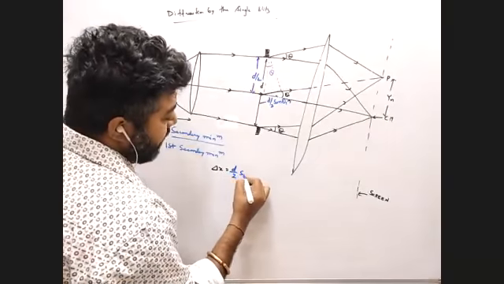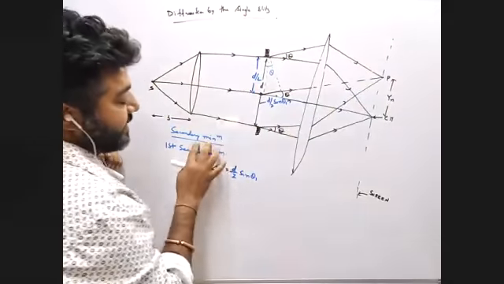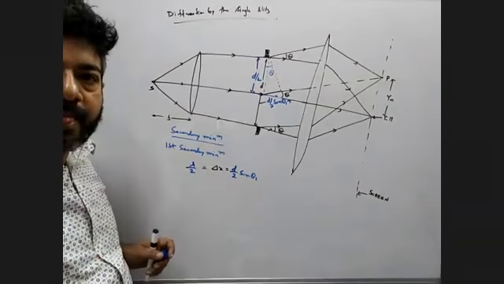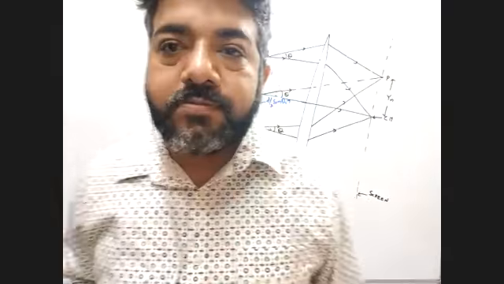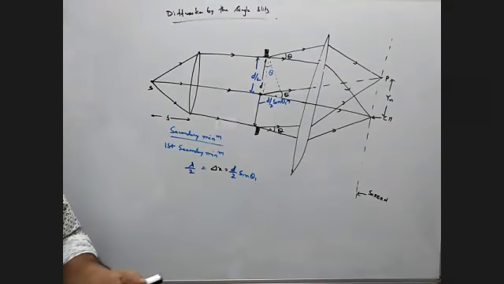And as at that point it is a secondary minimum, we know it is lambda by 2. So lambda by 2 equals d by 2 sine theta 1. Is it okay, everyone?